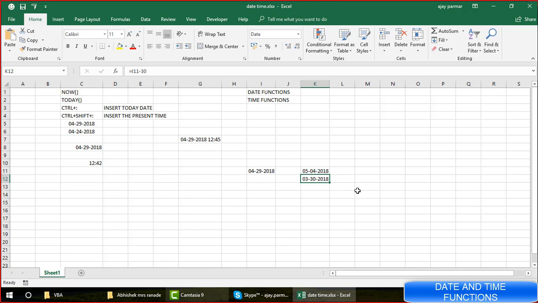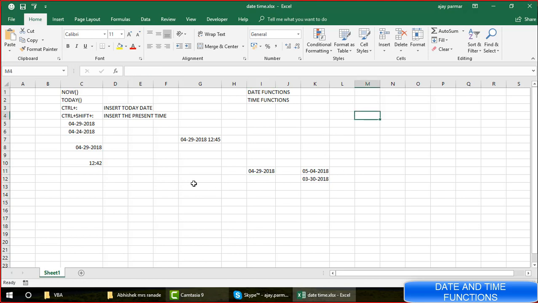Now you should know how the addition and subtraction actually happens, because this is a date, this is not a number, right? It looks like a date, but to do the calculation, Excel actually stores these dates as numbers. You don't see that though, right?